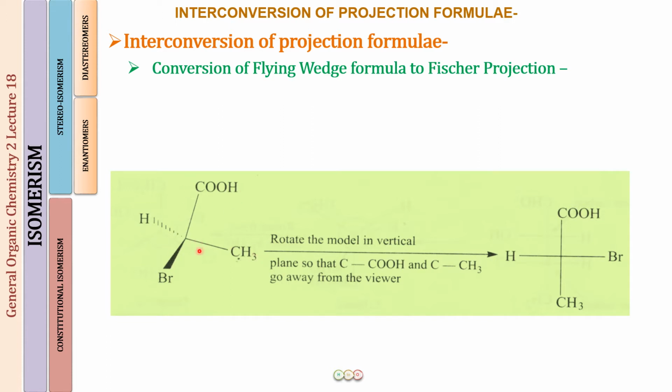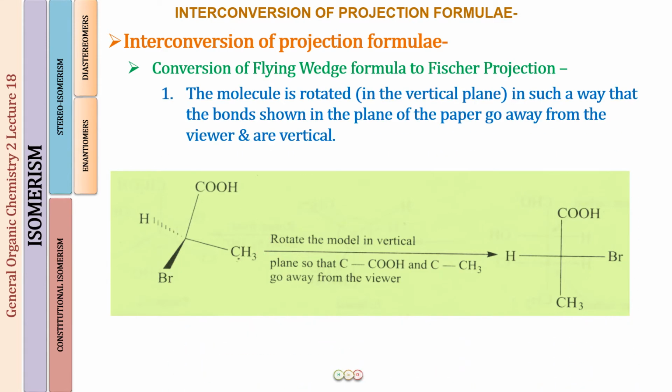They should not be in one plane. They should be away from us. Okay, so when you rotate the molecule in such a way that the bonds shown in the plane of paper go away from the viewer and vertical, what you will be getting is a Fischer projection.